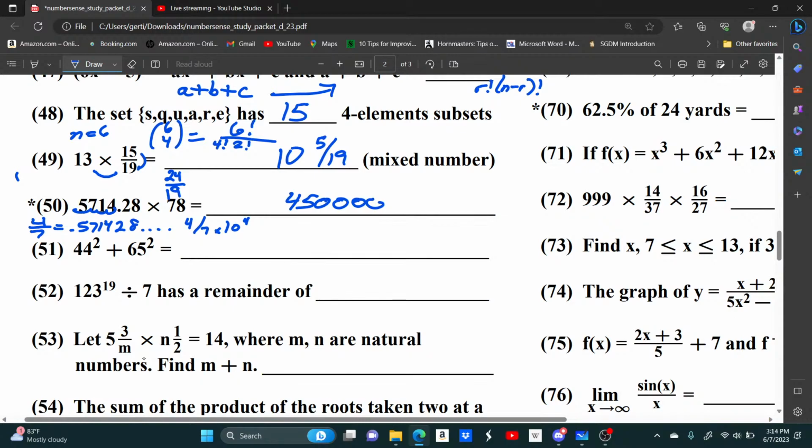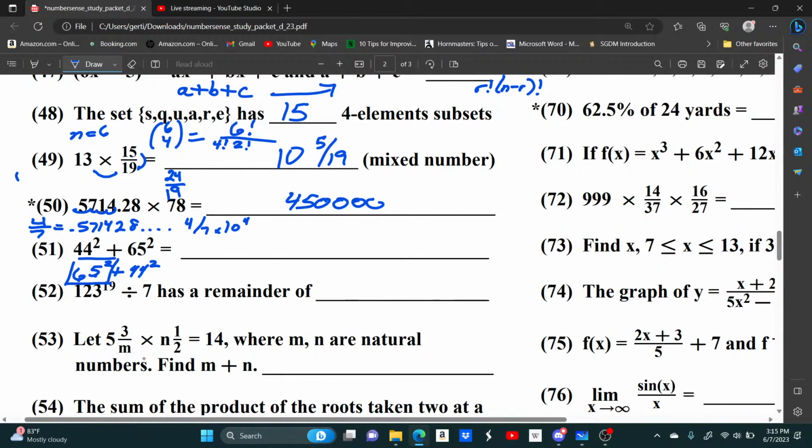51. Okay, I do have to move this around a little bit, but that's okay. If you have a sum of squares where the outside numbers add to 10, so in this case 6 plus 4 is 10, and the inner ones are 1 apart, so in this case 5 and 4 are 1 apart, here's what you do. You look at the inner ones and see which one's bigger. In this case, it's the 65 squared.